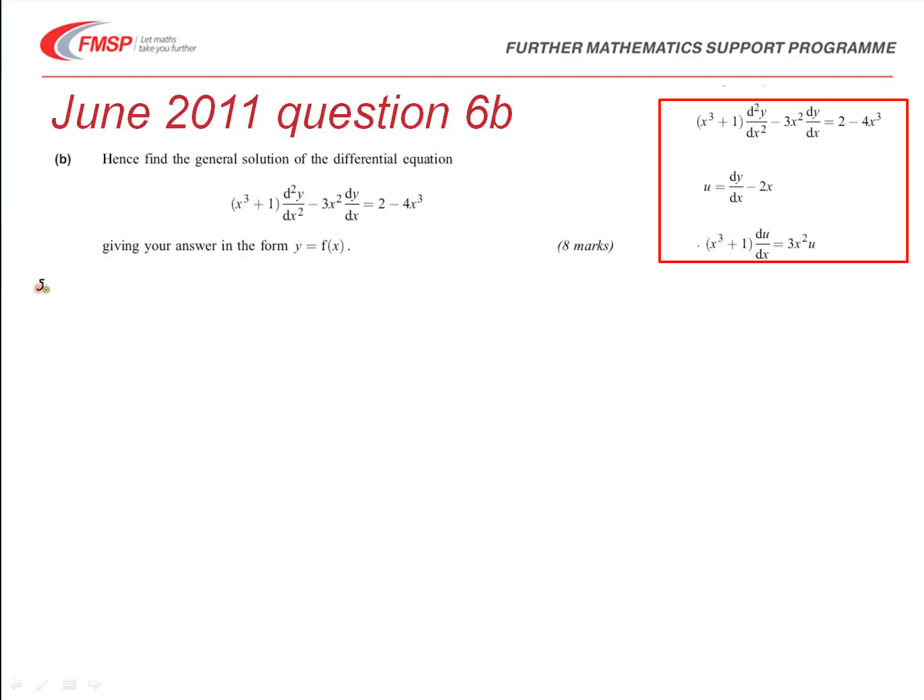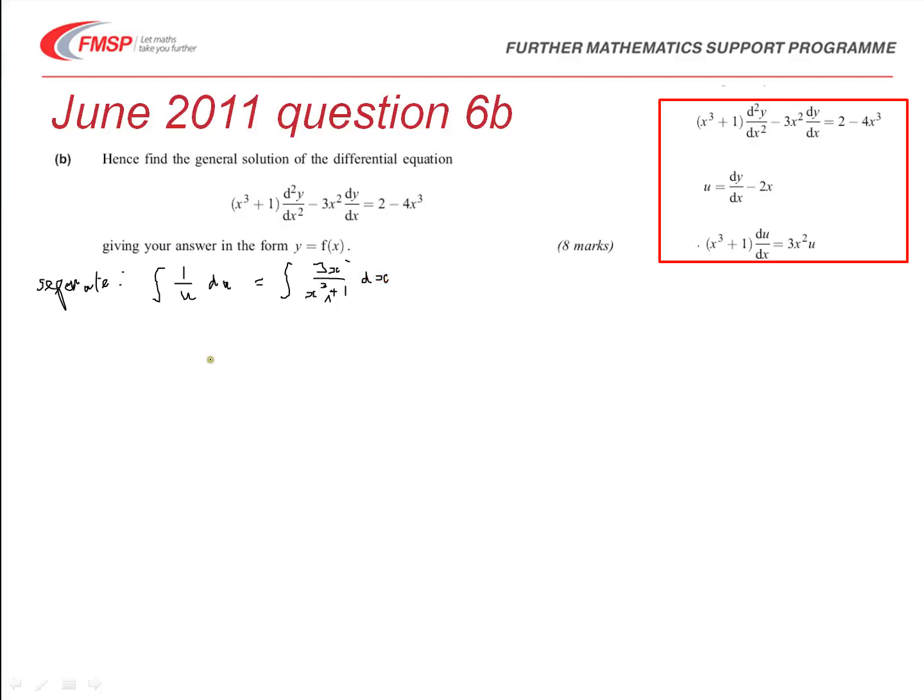So if we separate, we're going to get on the left hand side the integral of 1 over u du, and that's going to equal the integral of 3x squared over x cubed plus 1 dx.